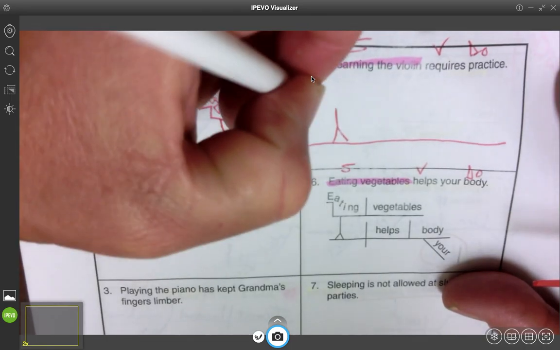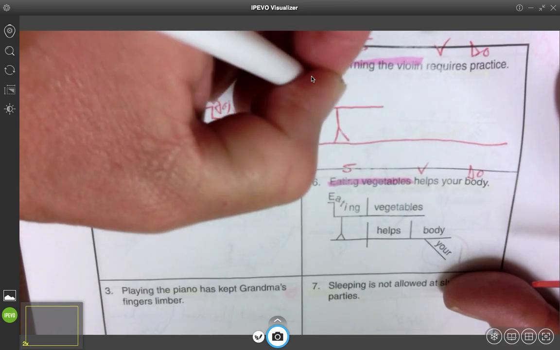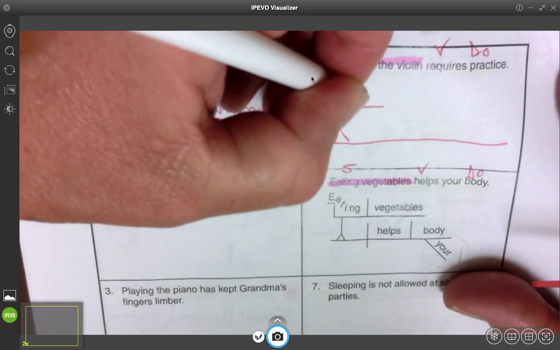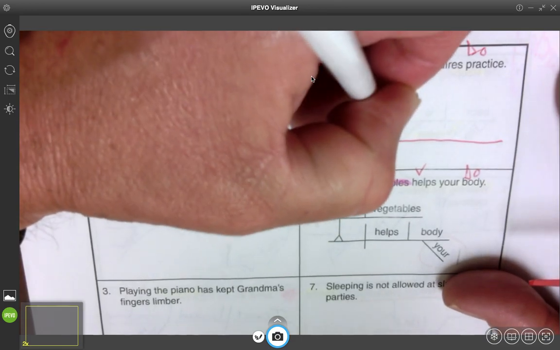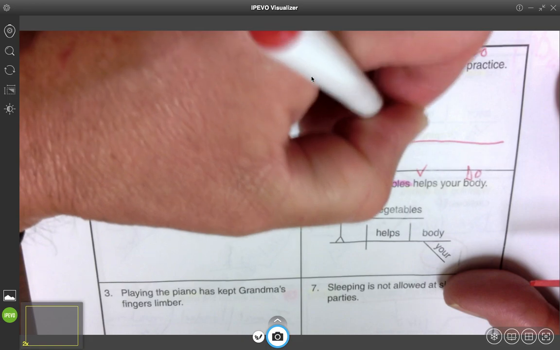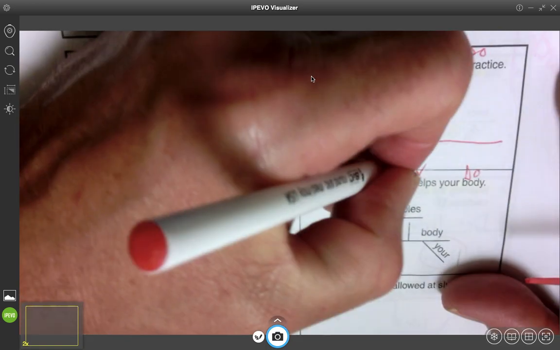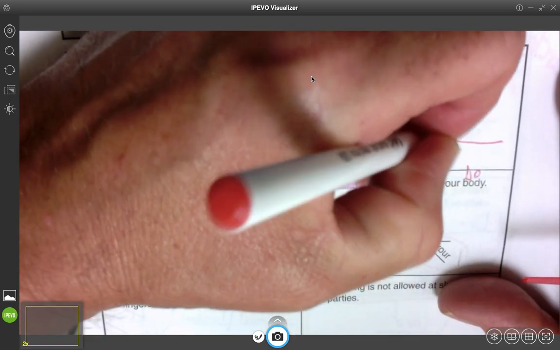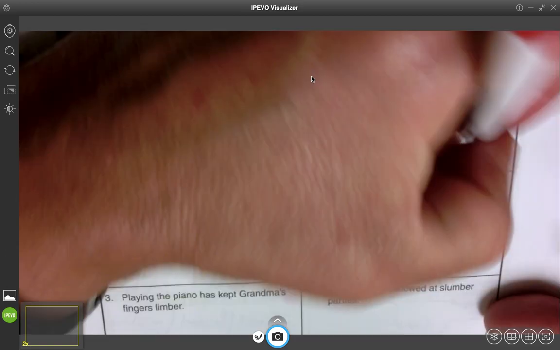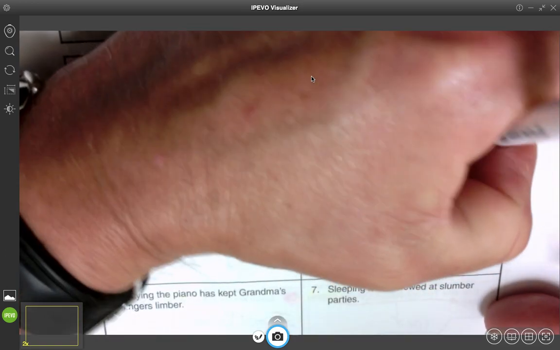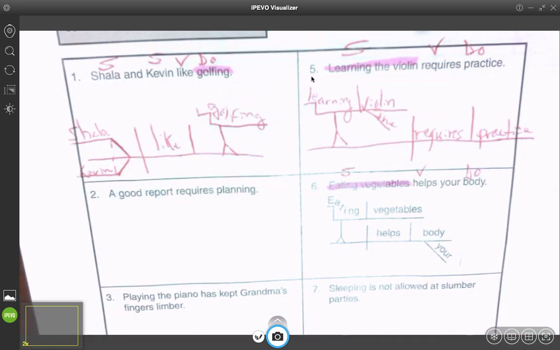My subject of my sentence is the gerund learning violin with the adjective the. My verb requires, followed by the direct object, practice.